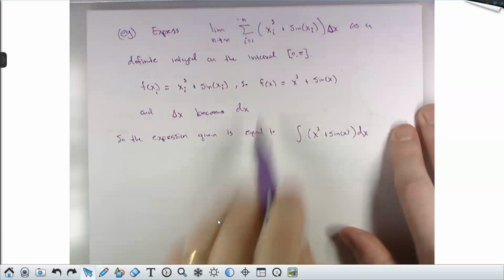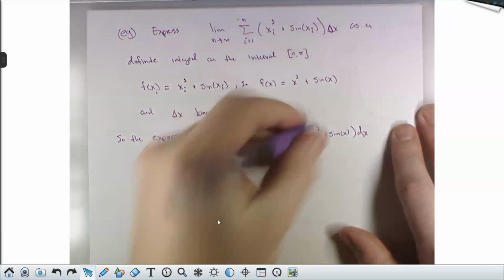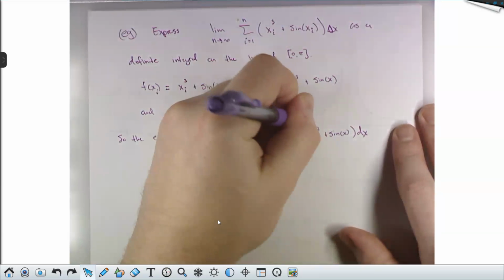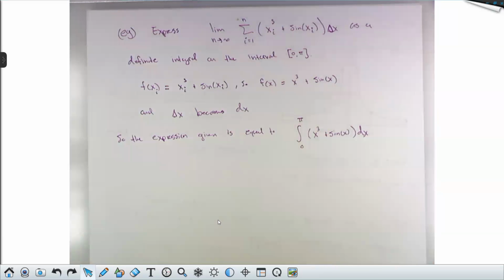And then they told me what my interval is. The integral is going from 0 to pi. That's it. That's the whole thing.